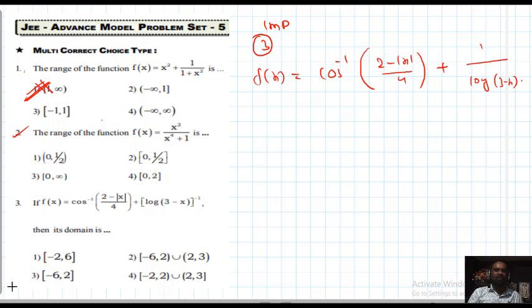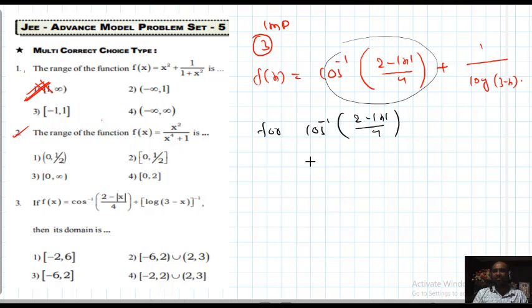To find the domain, first of all find the domain of each function; then the intersection is the domain. For cos inverse of 2 minus mod x by 4, the expression 2 minus mod x by 4 must lie between minus 1 and 1, because the domain of cos inverse of x is minus 1 to 1.